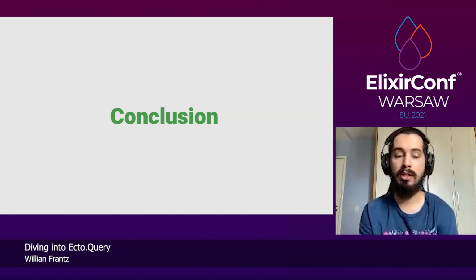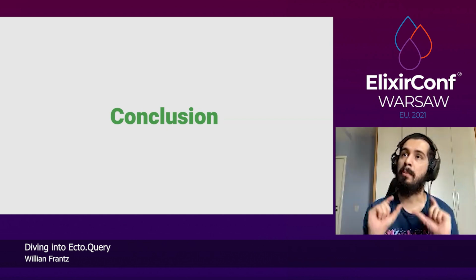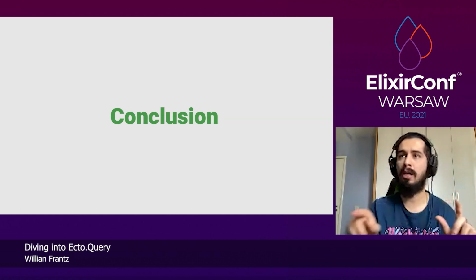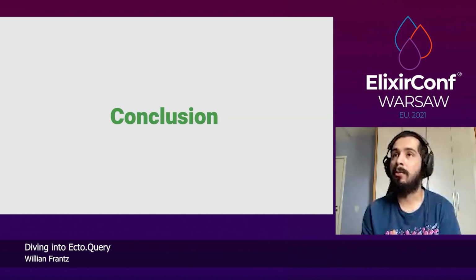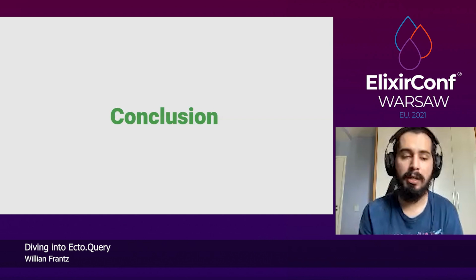We can even use the database built-in functions. So we could pass a fragment inside our query and call some built-in function from the database. There's no problem with that, and it works pretty well. And we could create dynamic queries. We could compose queries. It's something really unique.